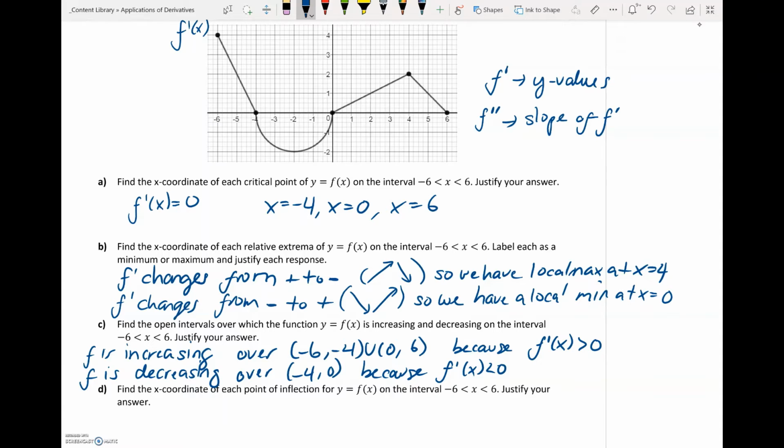We went from a positive slope for f prime to a negative slope for f prime. So we have x equals -2 and x equals 4, since f double prime changes sign at those places.